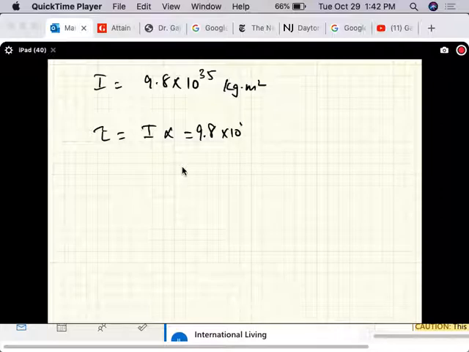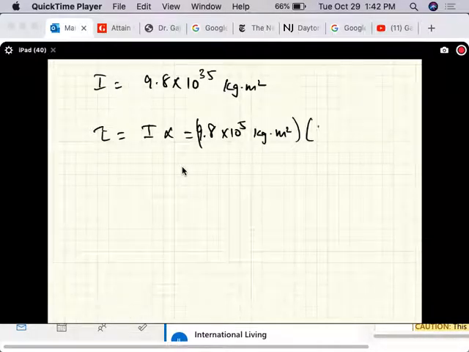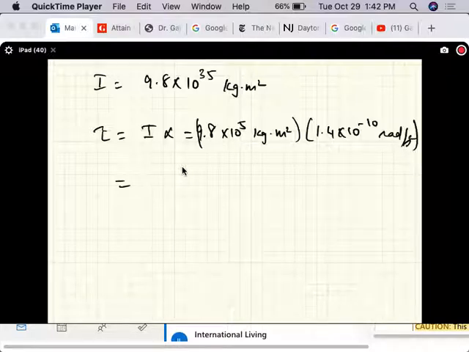times 10 to the power 37 kg meter squared times alpha, which was 1.4 times 10 to the minus 10 radians per second squared. What's 10 to the power 30 between friends?